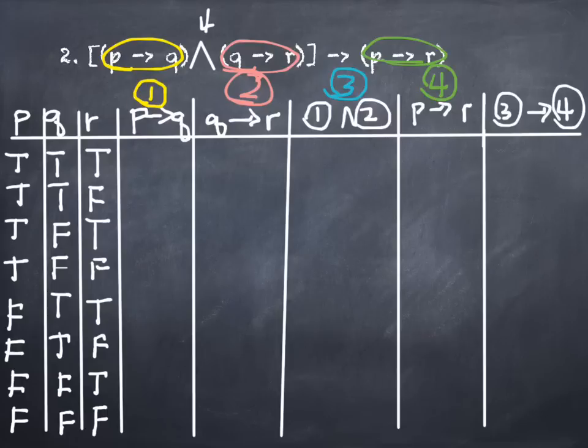Now we've got to do P arrow Q. So let's start with P, and we'll do yellow. P to Q. If the statement starts out true, like this one, true, true, what does that implication end up being?